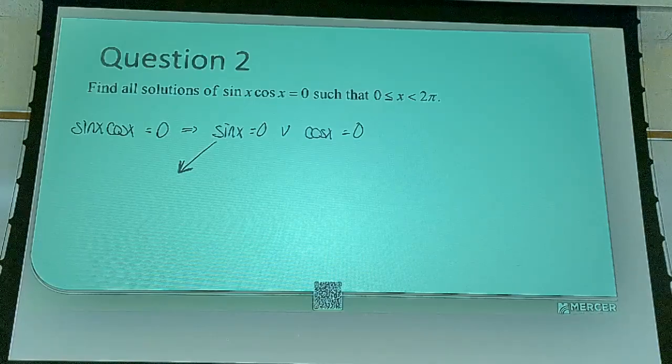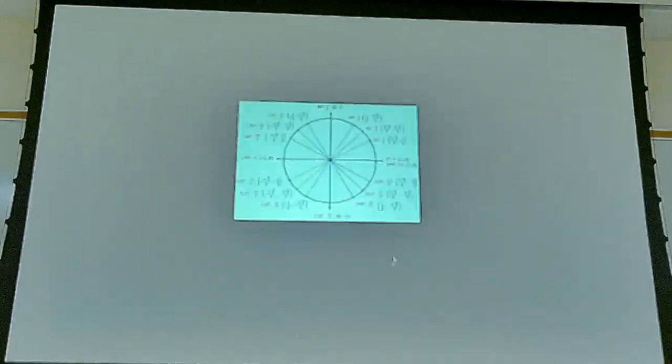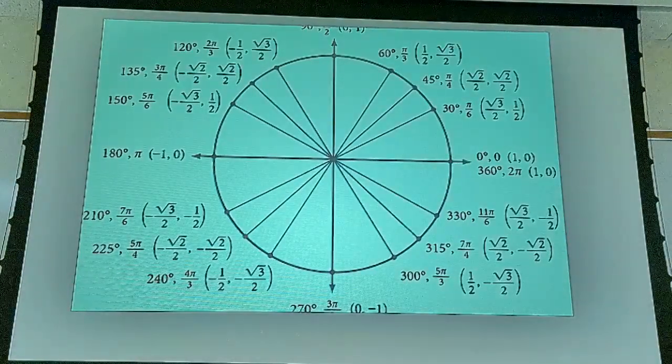Let's bring it up. So there's the unit circle for you.